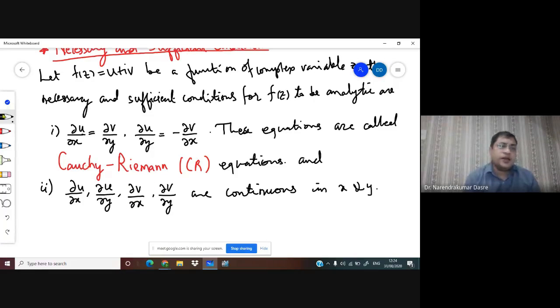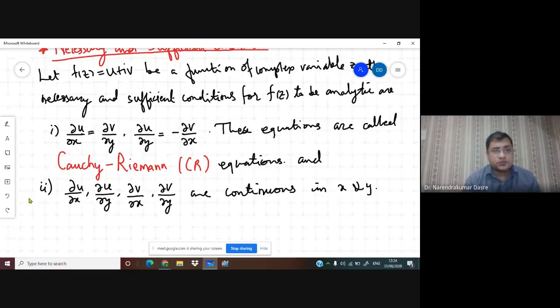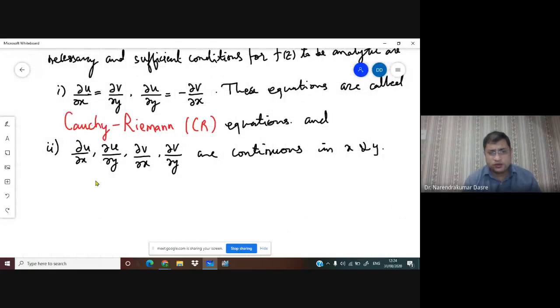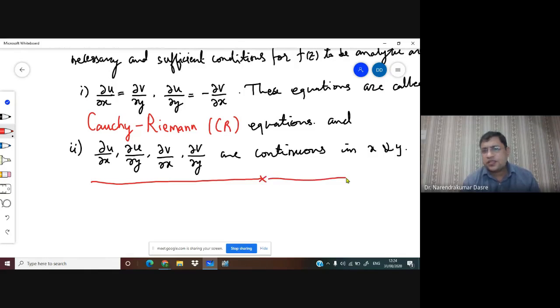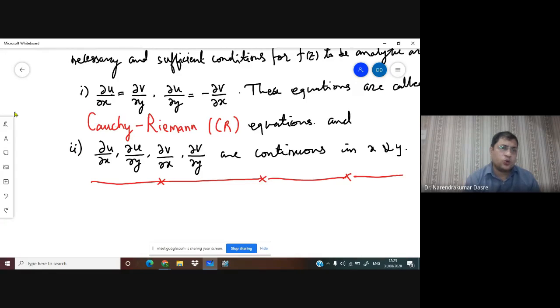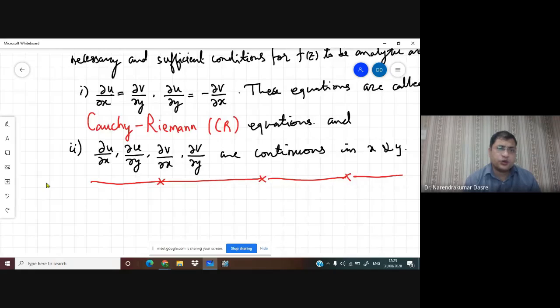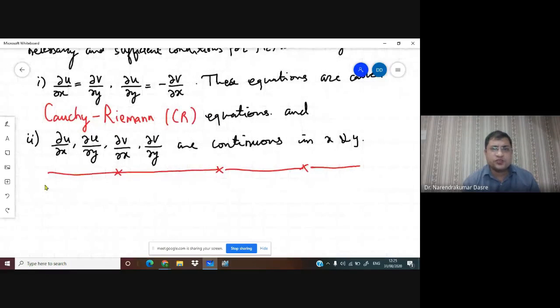The next important thing that we need to understand is which functions are continuous, and what happens if these functions are not continuous. So can you give me the continuous functions you know up to 8th?